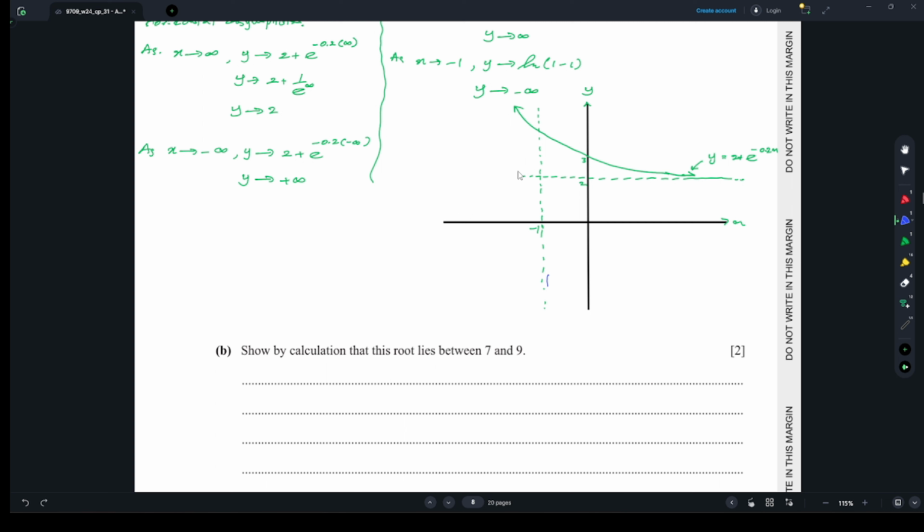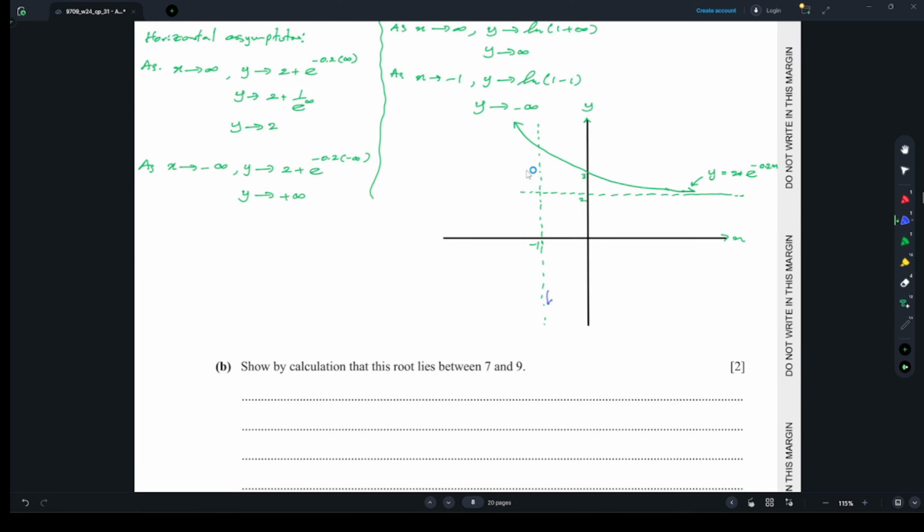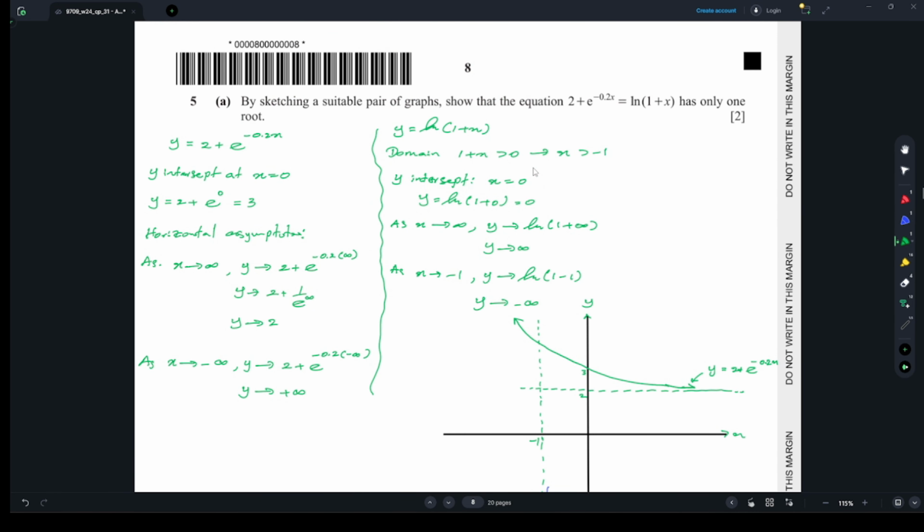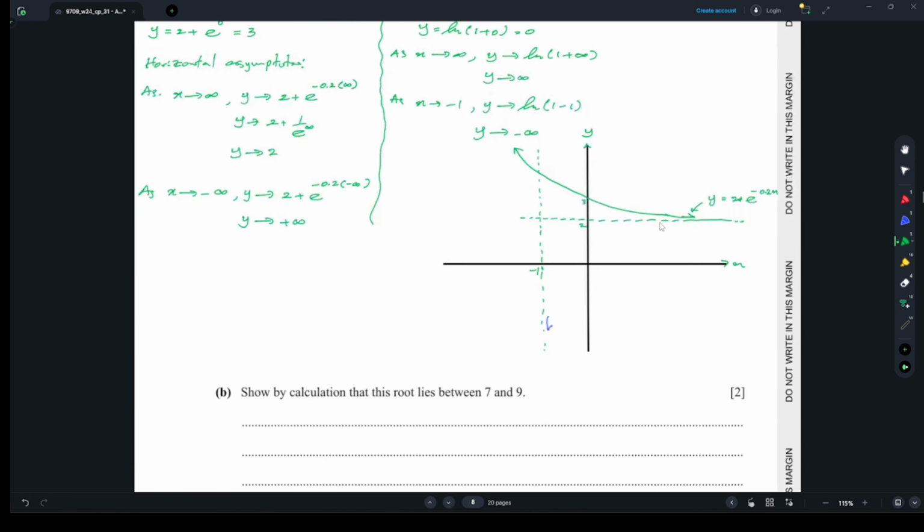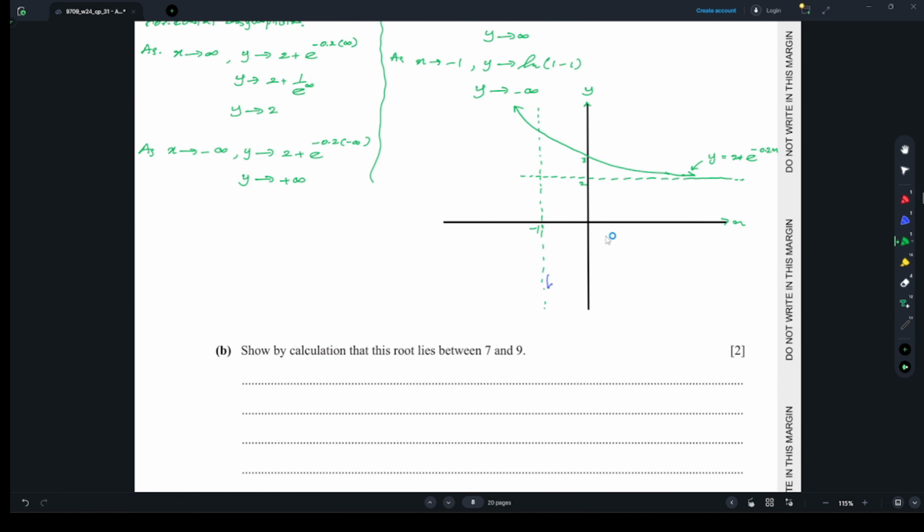So the graph is reaching to this one, and then I forgot one. So what happened at x equals 0? Then y equals ln 1 plus x, which is ln 1, which is 0. So when x equals 0, the graph should pass through this point.